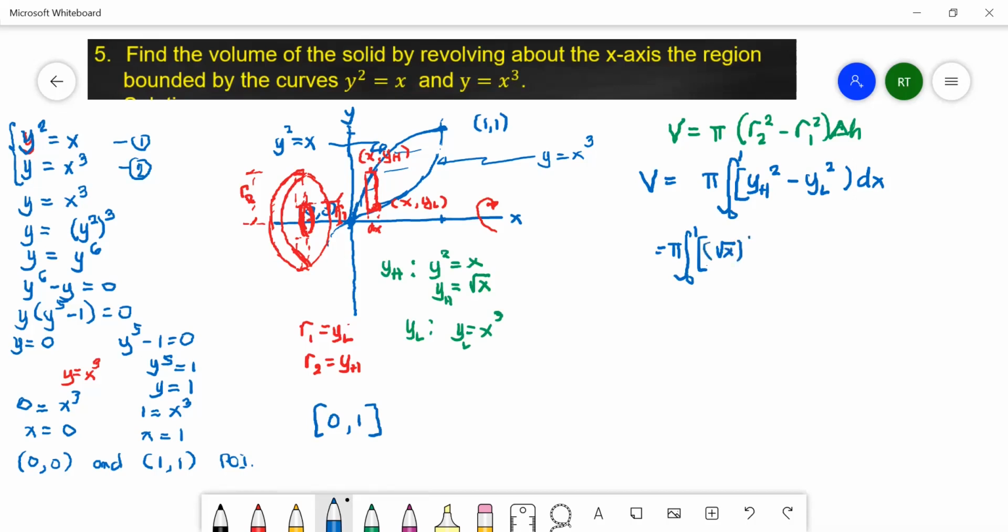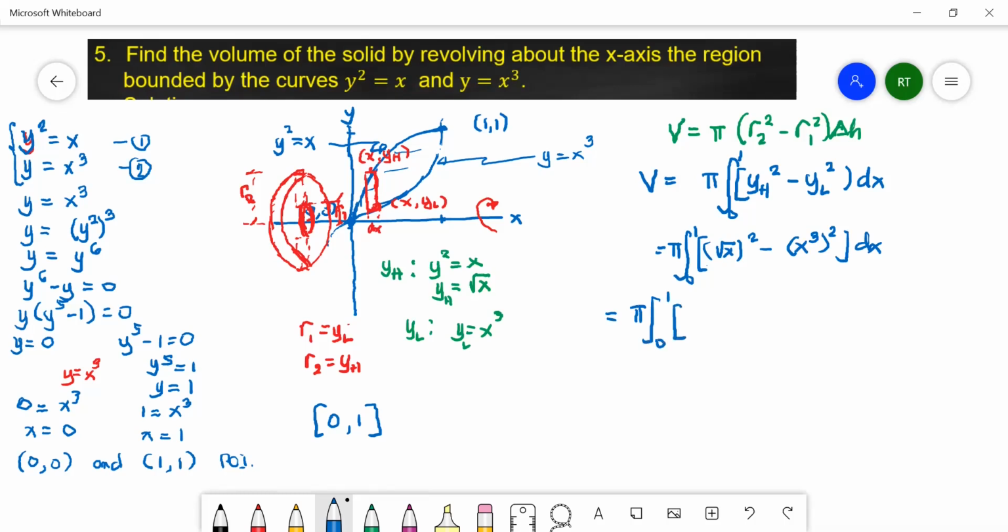Okay, we raise this to the second power minus y lower, which is determined by the curve y is equal to x cubed. So y lower is x cubed raised to the second power. And we have to multiply this, of course, by the differential of x, so that the volume is equal to pi integral from 0 to 1.